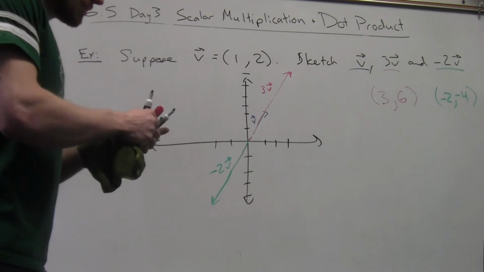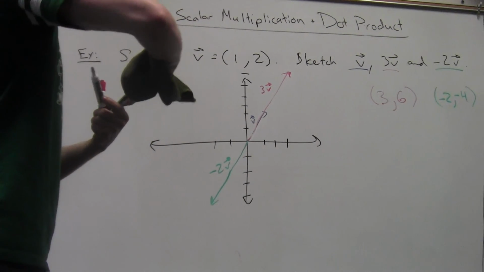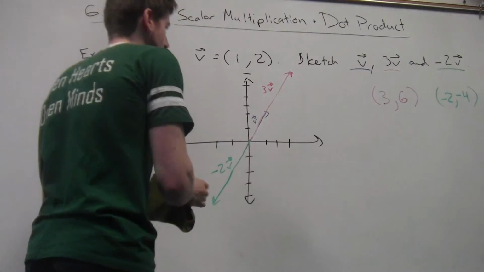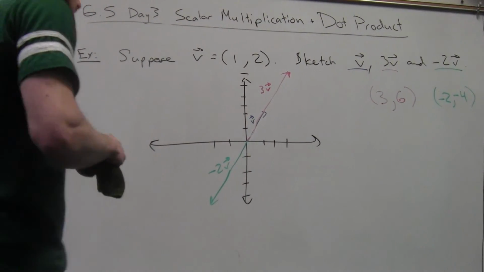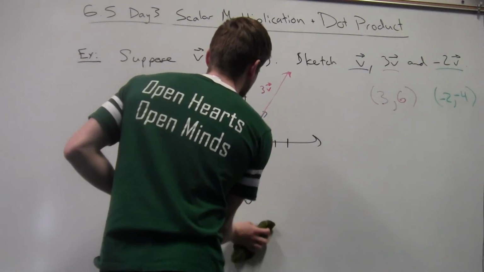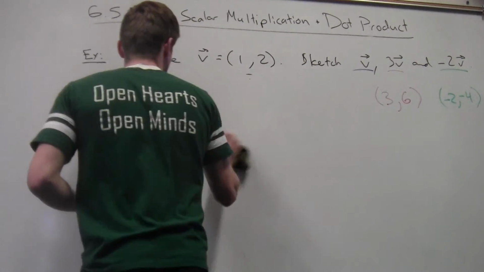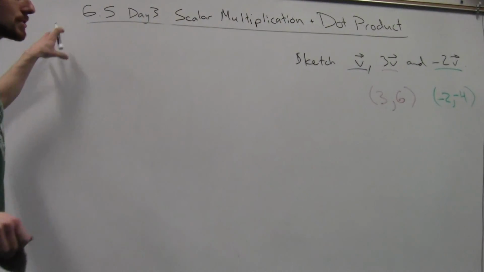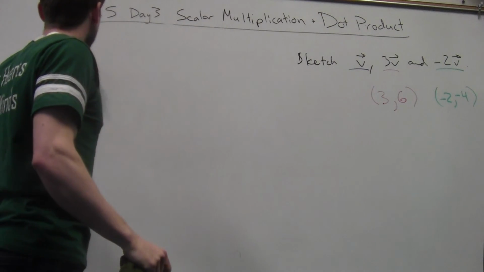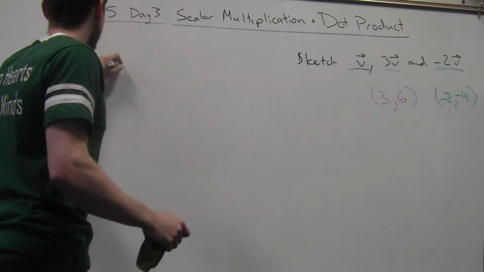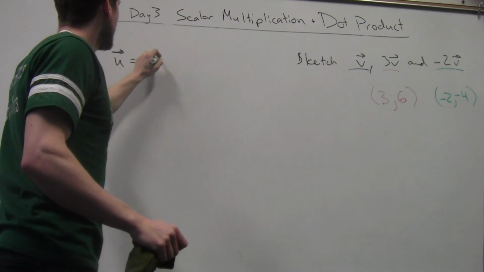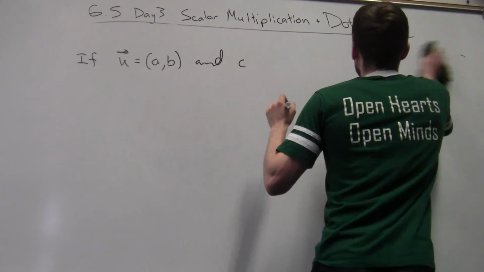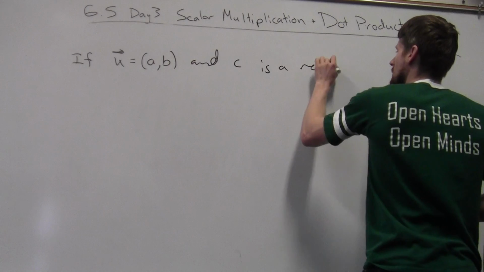Okay. And so let's create a rule for what scalar multiplication does to the components of the vector. Because it seems like it just takes the components and multiplies them. So going back to our original piece on vectors, let's say u is a vector equal to (a, b), and c is a real number.